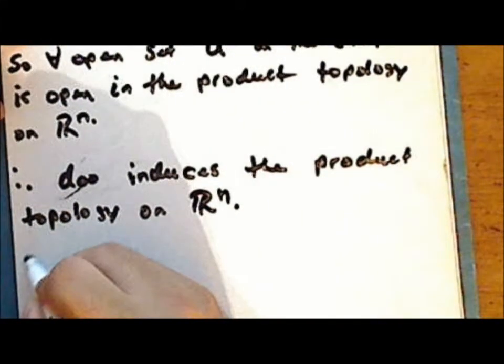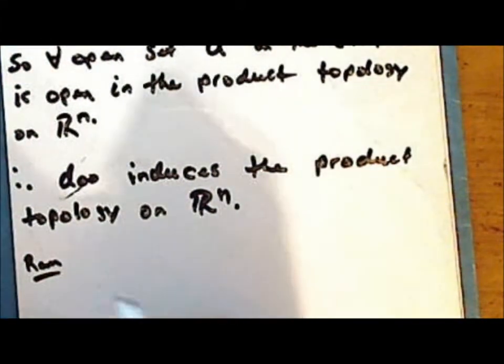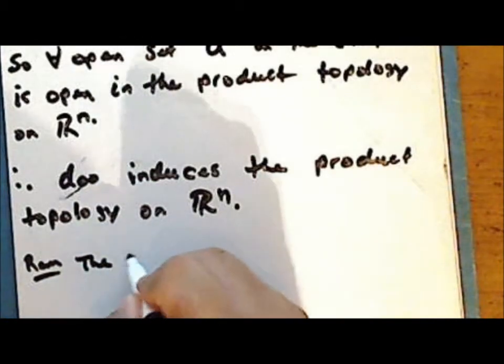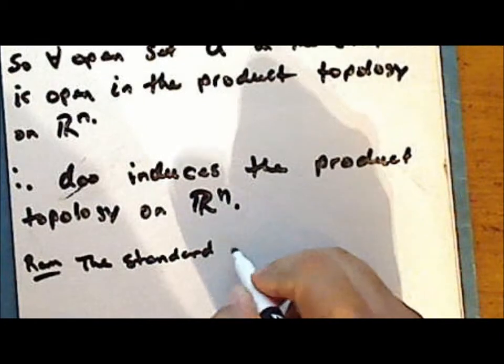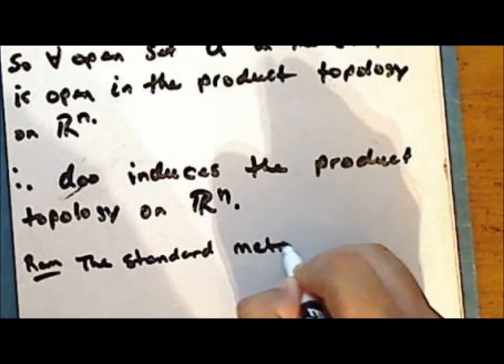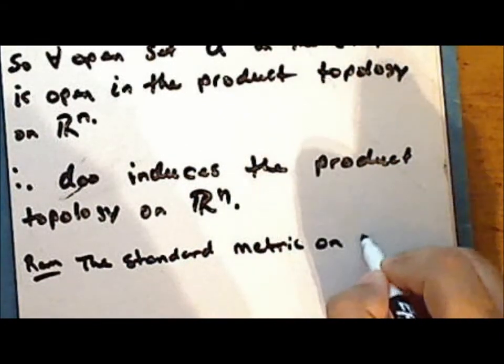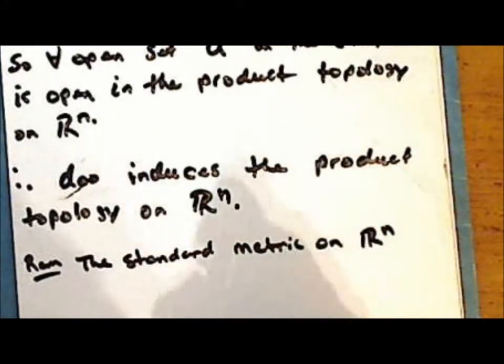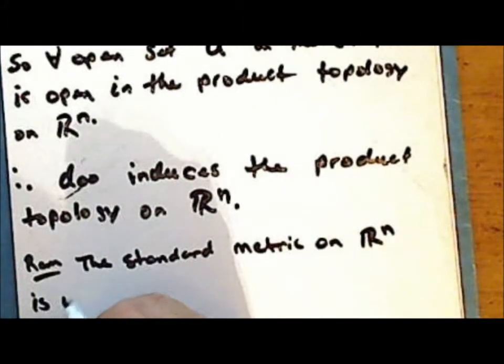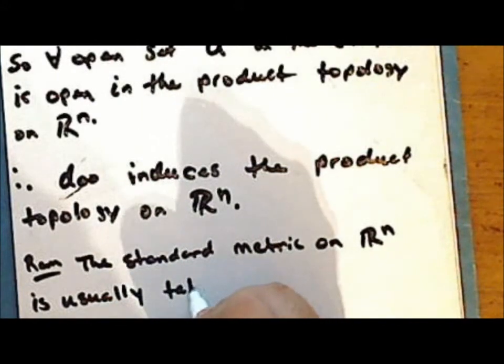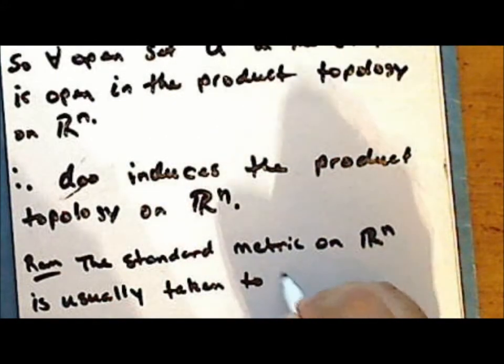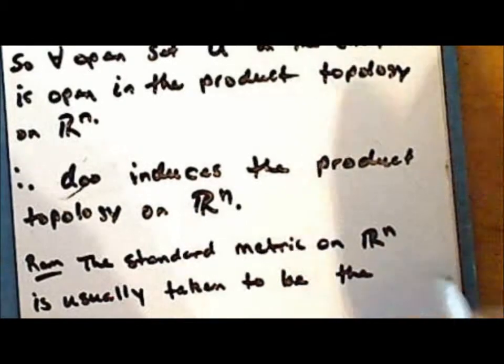Now, the standard topology, or rather the standard metric on finite dimensional real space, is usually taken to be the Euclidean metric.